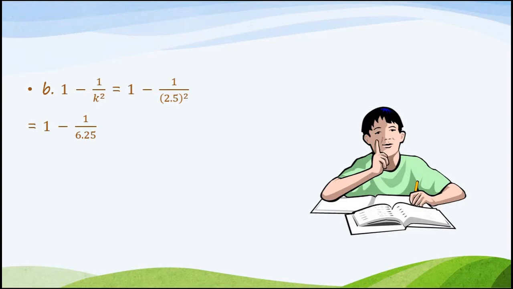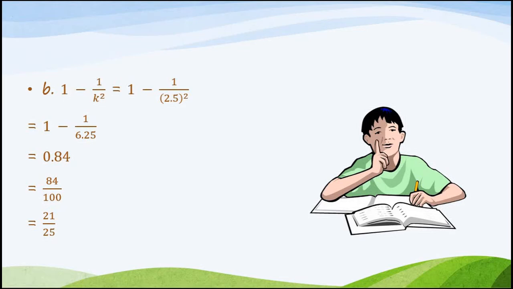So the answer is 0.84, or 84 over 100. So the fraction is 84 over 100. In lowest terms, that would be 21 over 25.